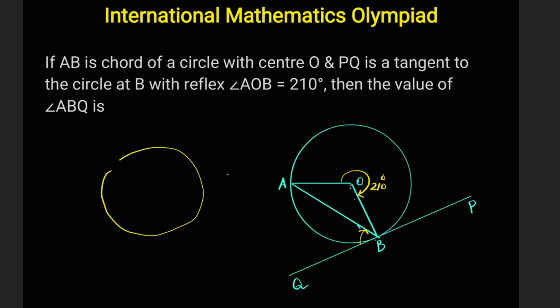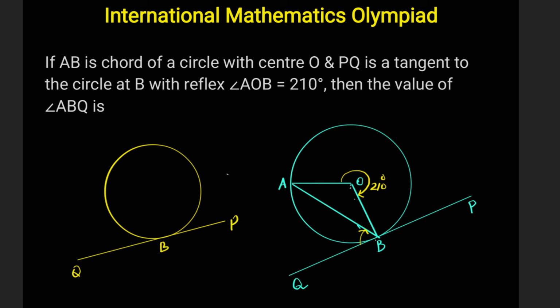If this is a circle, and a tangent is touching the circle at point B, suppose this as Q and this as P, then through B, if you draw a chord AB, the angle made by this tangent with the chord AB, angle ABQ, is equal to the angle made in the alternate segment.